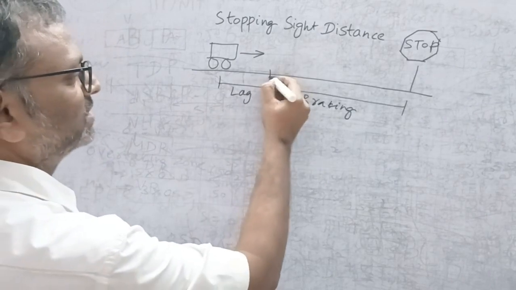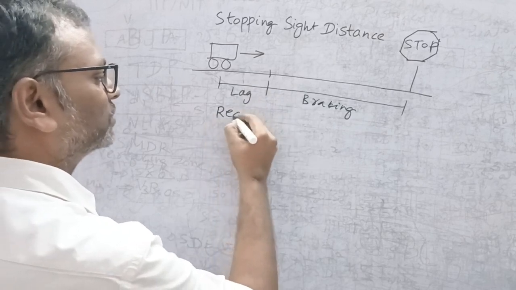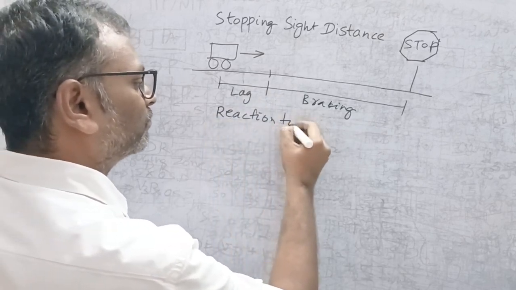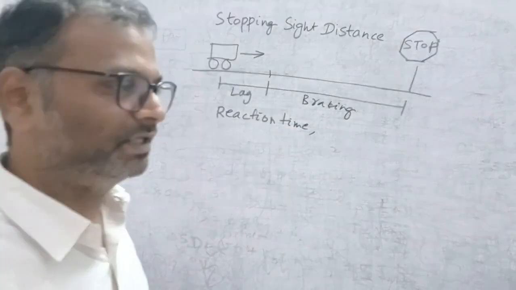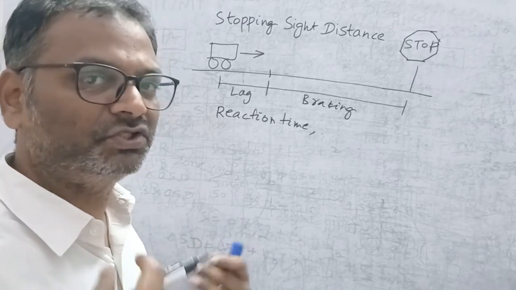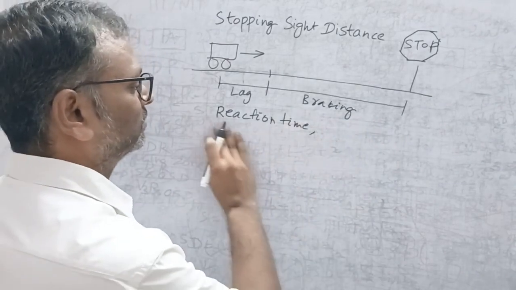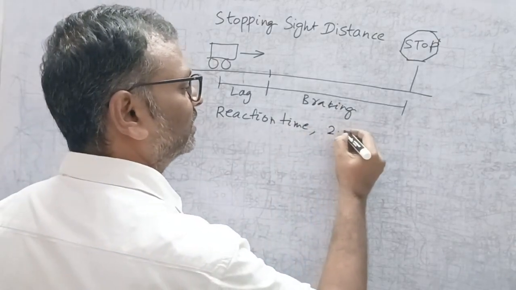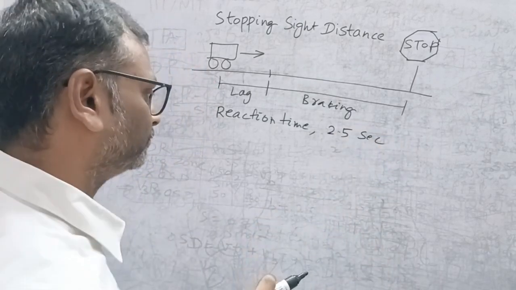You are applying the brakes here, and this time is called reaction time, which depends on so many factors like age of the driver, gender, health condition, etc. And reaction time, if the data is not given, can be taken as 2.5 seconds.